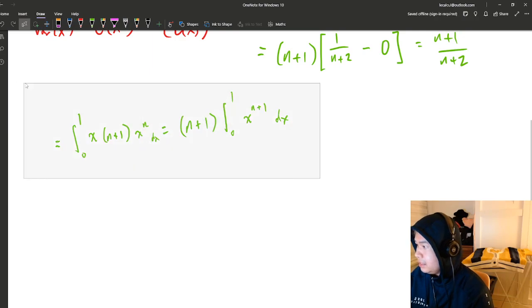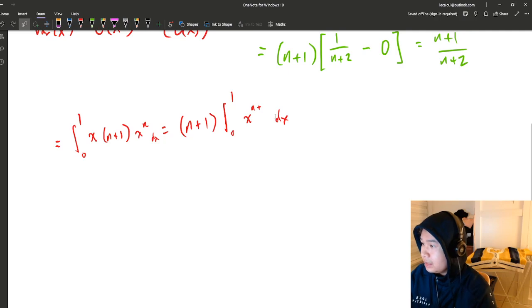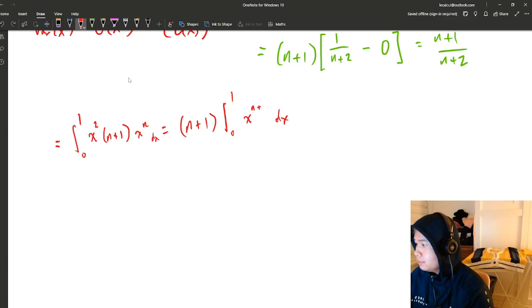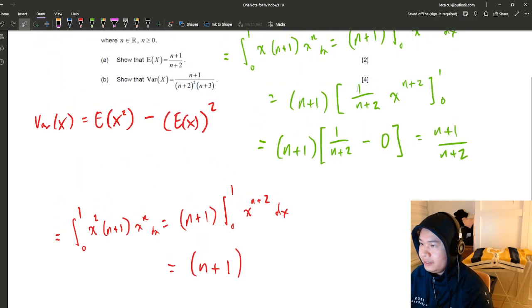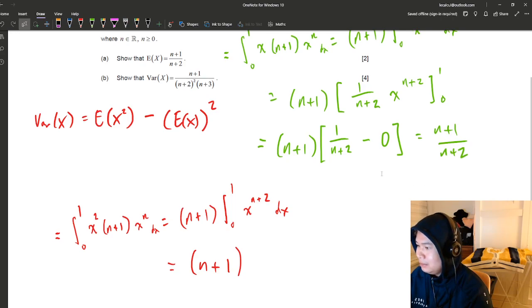The only thing that changes for this integral, well, there's a couple of things that change. First off, I believe this is x squared, which means that this is going to become x to the power of n plus 2. And then we just go through the integral again. If you're following all of these steps, the only thing that changes is this going to be, what, n plus 3?